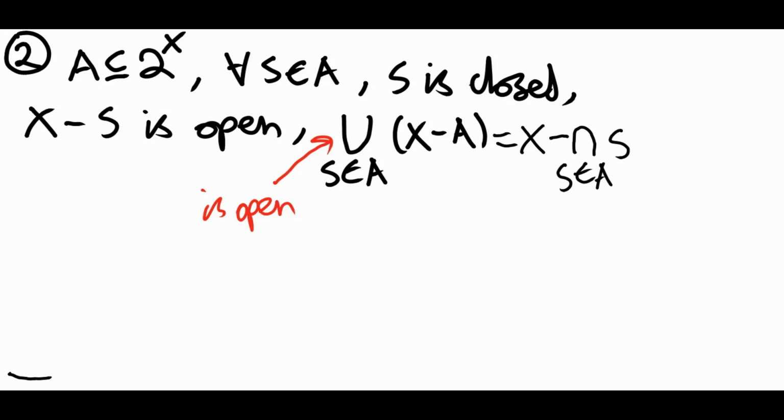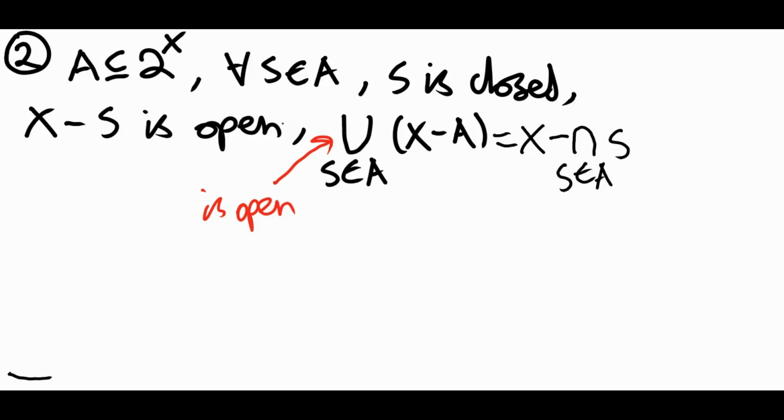Okay, so if we look at the right hand side, we see that this is equal to all of the elements in X which don't belong to every single member of A. And you can see that that's the same thing that's on the left hand side. So yes, these two things are equal.